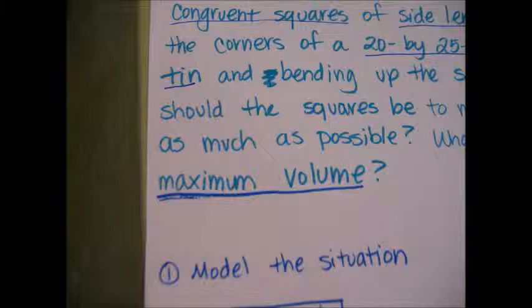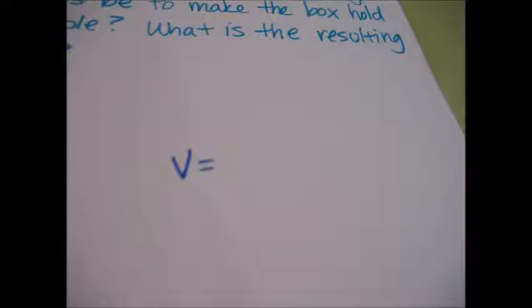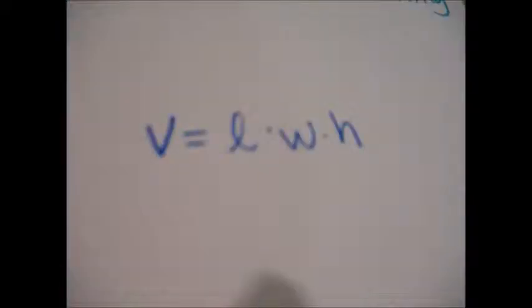And so we want to maximize volume, so I need to represent volume algebraically. Volume equals length times width times height of a rectangular prism. We have to find a way to represent these three variables.